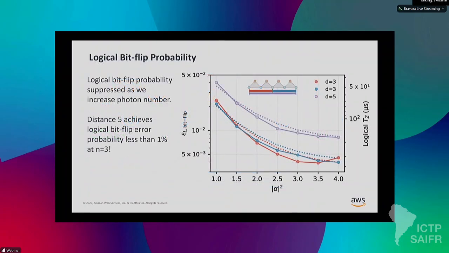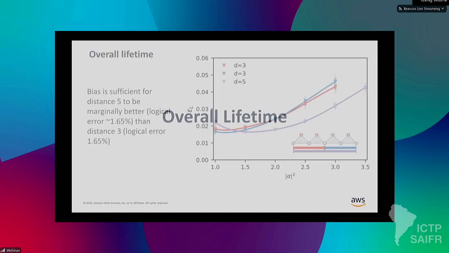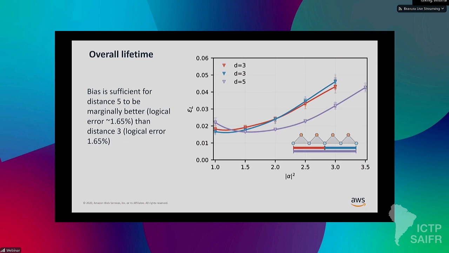Putting everything together, we saw these plots. Actually, let me show you the next one. This one. We have the logical probabilities of error of running our repetition cat code experiments, and we can vary the mean photon number, alpha squared, and then compare the results for the distance 5 code, using 5 resonators, versus the distance 3 patches that we also had there.